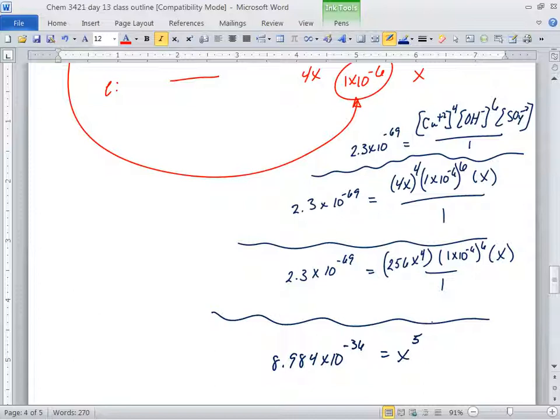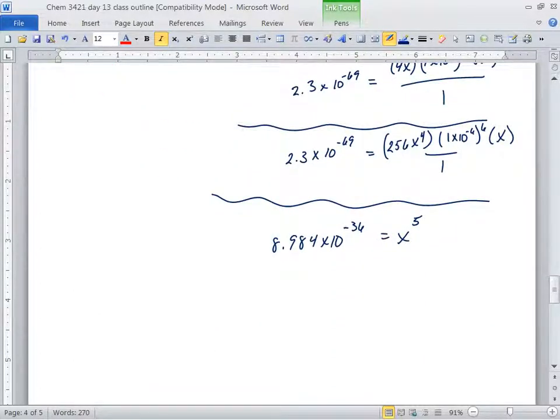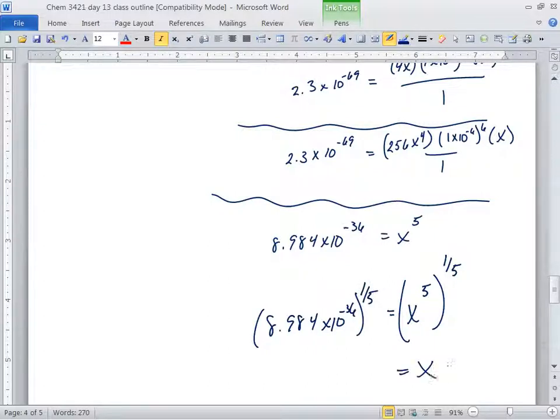Okay. There's just one more step. Make sure you realize this. You have to raise both sides to the 1/5 power. That way you'll get x. And to raise anything to any power on this calculator, it's that x to the y button.